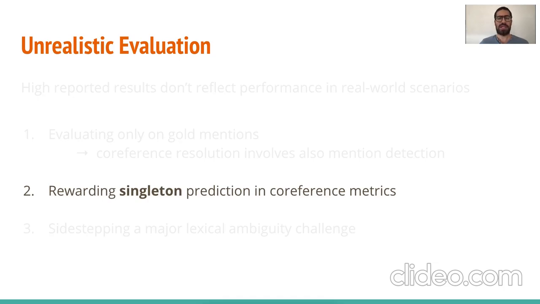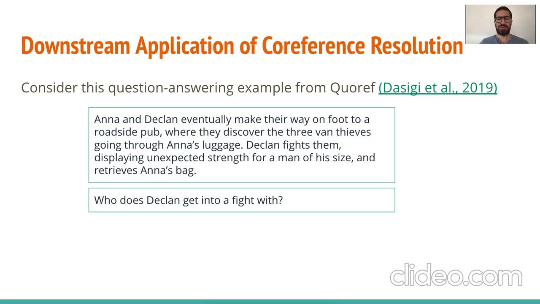Now let's explain how singletons affect the evaluation. To illustrate the effect of singletons, let's start with a typical downstream application involving coreference resolution, question answering. To properly answer the question on the paragraph: Anna and Declan eventually make their way on foot to a roadside pub, where they discover the three van thieves going through Anna's luggage.